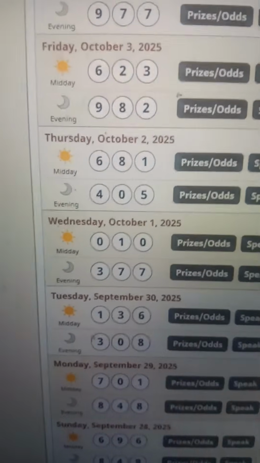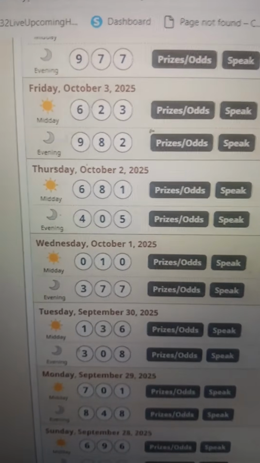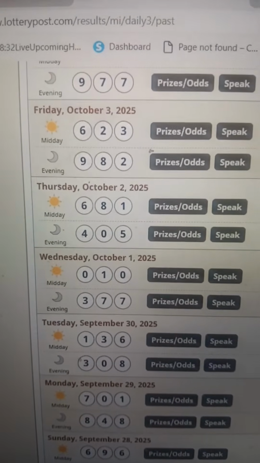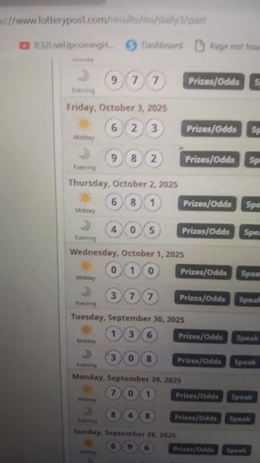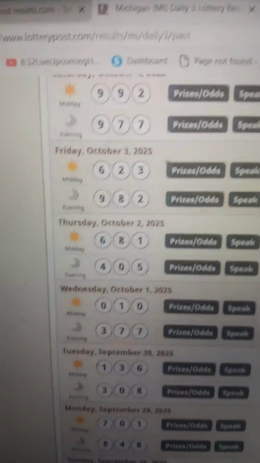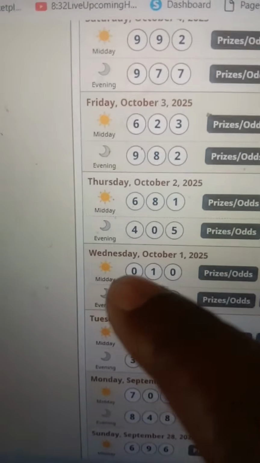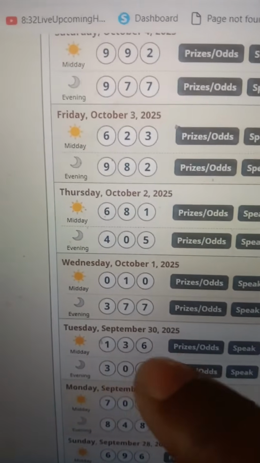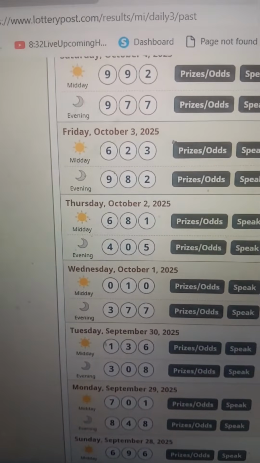Would this be good or would this be bad? In this case, it would not be good, because you would lose. That's not a good number. The reason you would lose is that even if you had this in the back pair, this would have been a 0, and we do not see a 0 here. You see 1, 3, and 6 in your yesterday numbers before, and you would have lost.